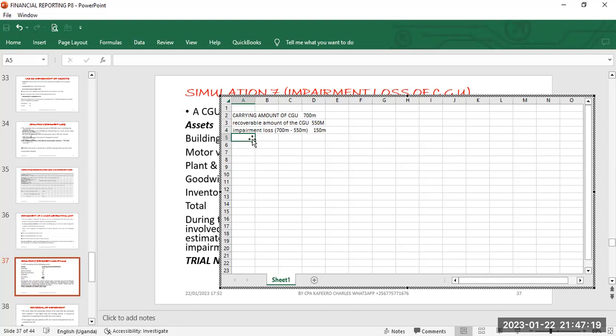As we discuss these things, that's how you narrate them. If you are just computing these figures, you will not be able to score all the marks. Like the way we've computed this 150 million, you'll go ahead and put some writing, at least to explain to someone who doesn't actually understand. You try to explain that the asset or the CGU is impaired since the carrying amount is higher than the recoverable amount.